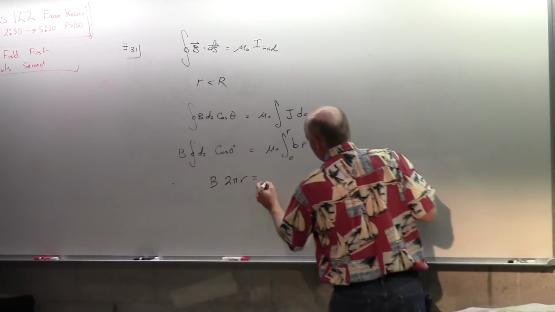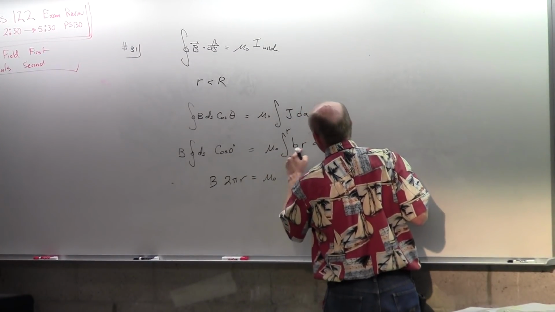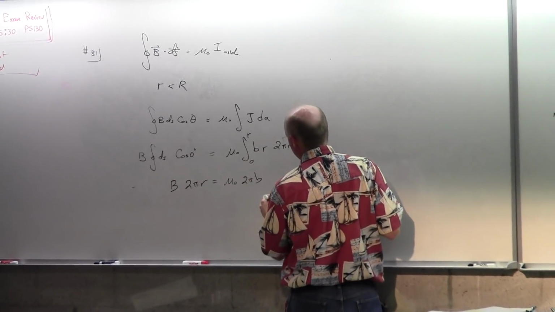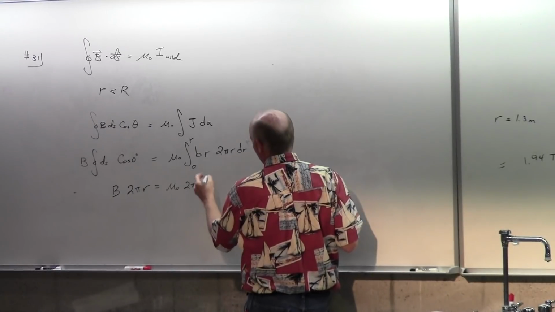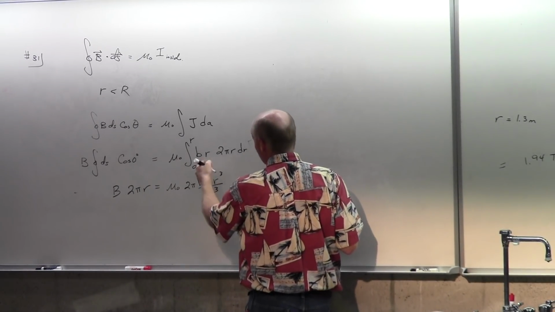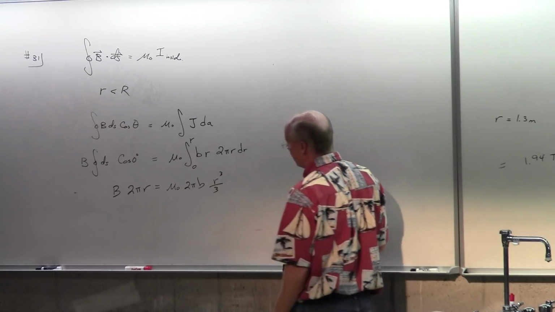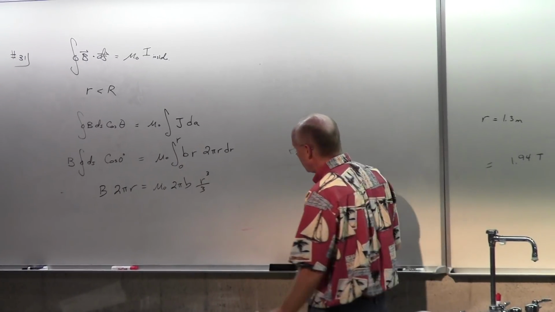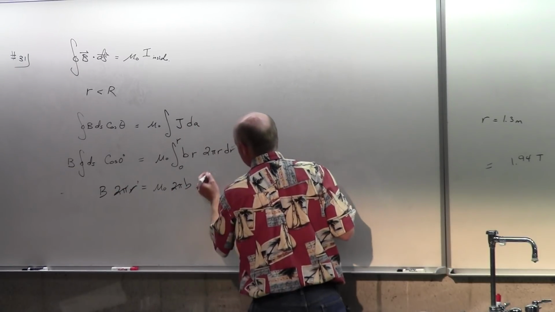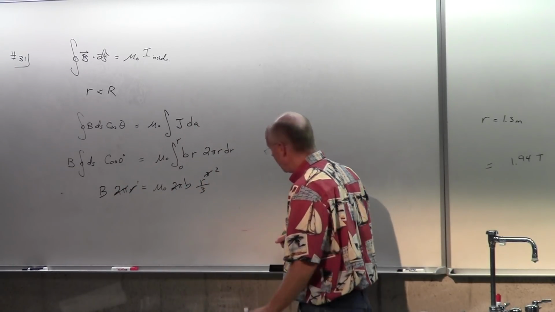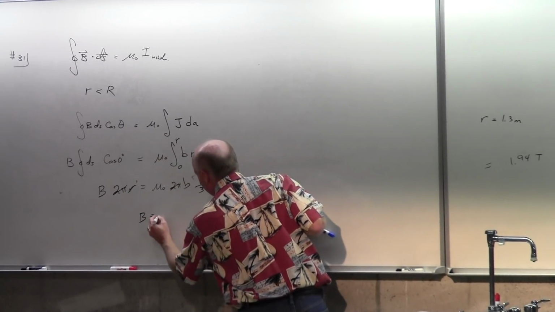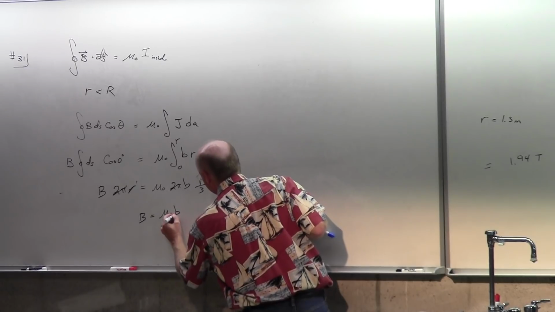And so pulling my constants out, I've got the mu, I've got a 2 pi, I've got a B, and then I'm left with an r squared, which when you integrate it becomes r cubed over 3. And so now it looks like a 2 pi cancels off. It looks like an r cancels off, and I get what they're looking for here, which is the magnetic field inside.